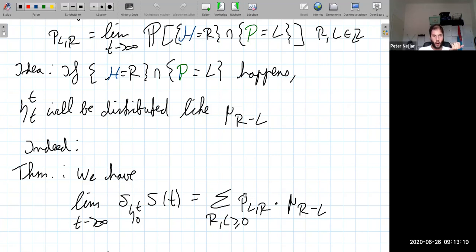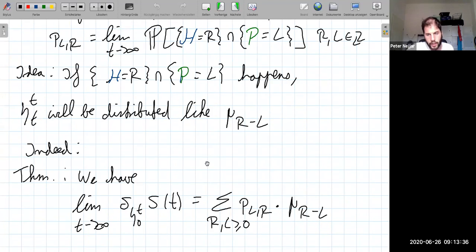And once you have this limiting result, then it's actually not too hard to obtain the double limit results where you now have to send m to plus infinity. One of the key things that you have to do in order to extract the dynamical phase transition is that what you have to show is that this blue H and this green P, each one of them converges to the Tracy-Widom GUE distribution.